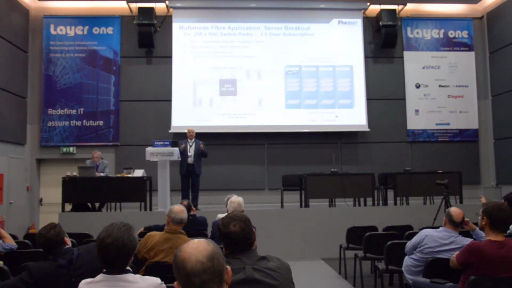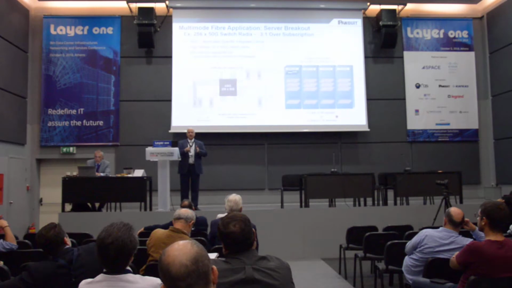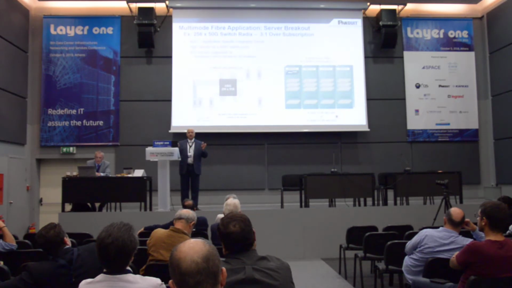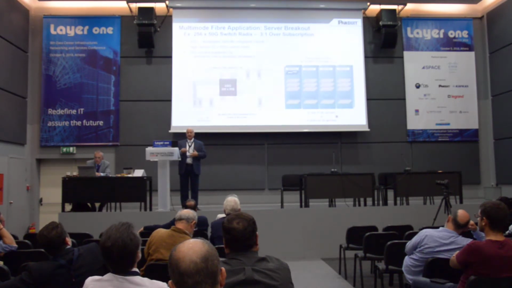You aggregate the data rate, 8 times 50 gives you 400 gig. You can then take those lines to a 400 gig transceiver, and you've now reduced 256 50 gig ports to 32 400 gig ports in a 1 RU.